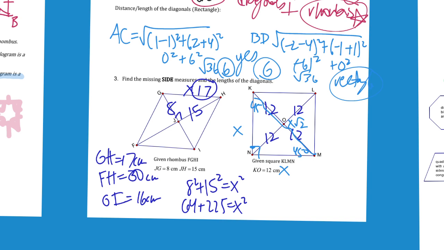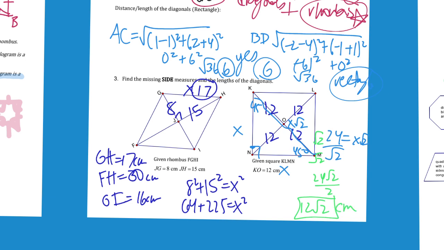And so therefore, 24 is equal to x root 2. We want to make it smaller, so let's divide by the square root of 2. If you take 24 and divide it by the square root of 2 to get x, we have to rationalize it by multiplying top and bottom by the square root of 2. You get 24 root 2 over 2, or 12 root 2. So each side is 12 root 2 centimeters.